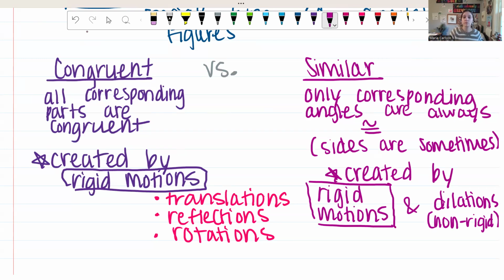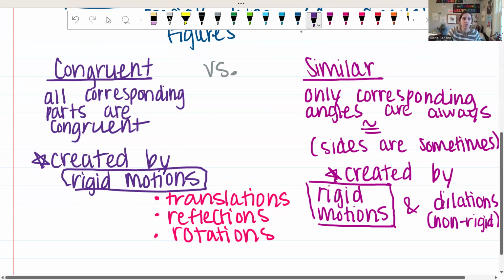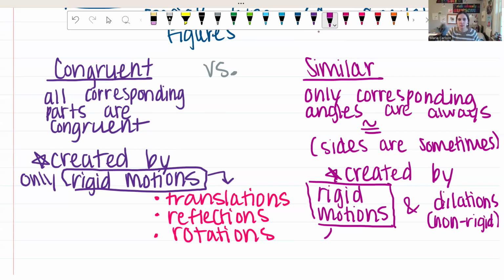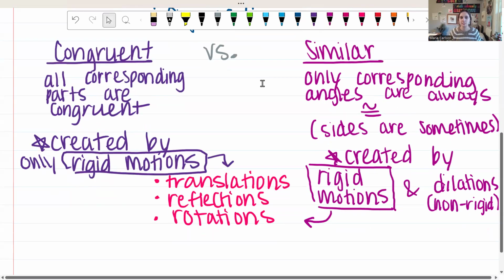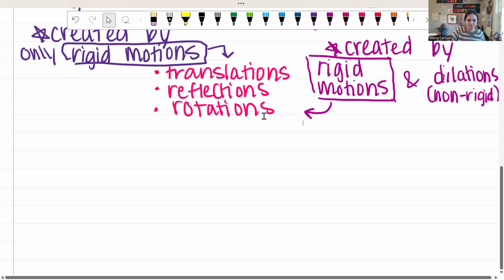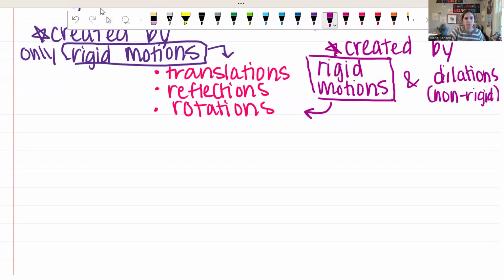So if you've had rigid motions and non-rigid motions, that will produce similar figures. If you've only had rigid motions, then your figures will be congruent. Remember, those rigid motions are translations, reflections, and rotations. All right, so let's look at some examples.